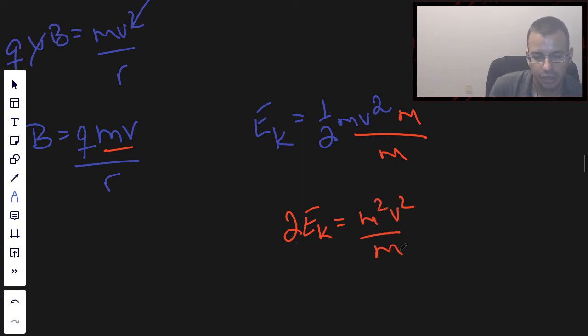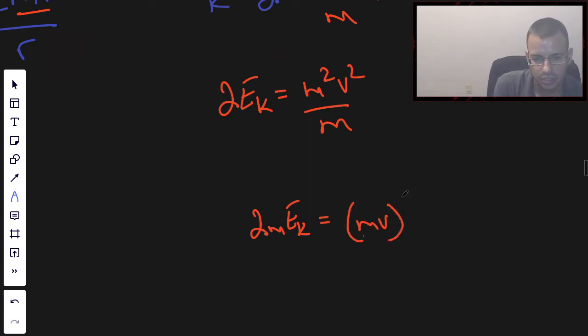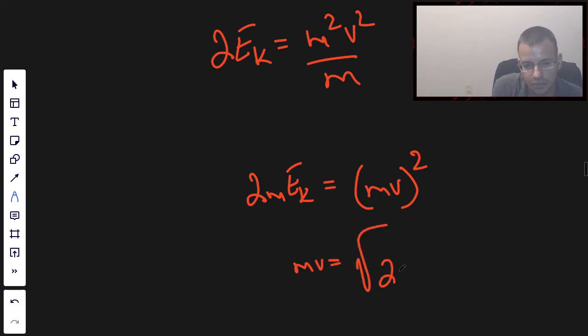Instead of K, I usually use E subscript k, but it's the exact same. So mv is going to be the square root of 2 times mass times kinetic energy.